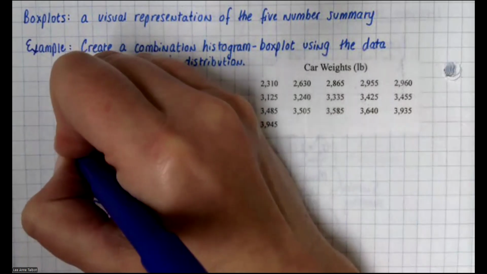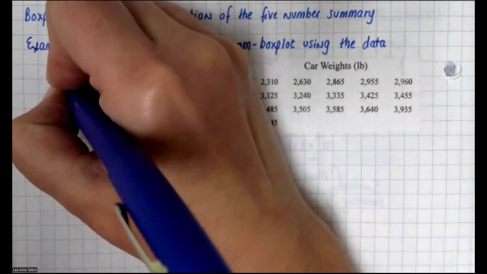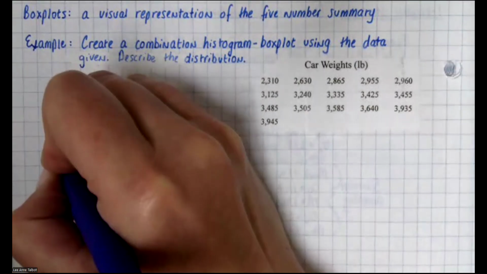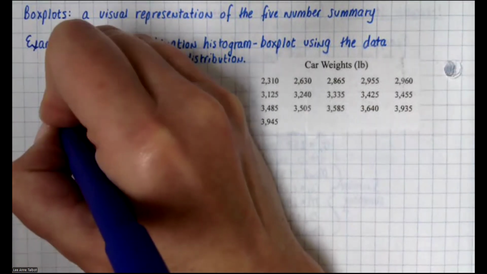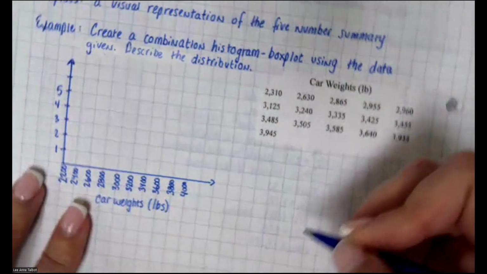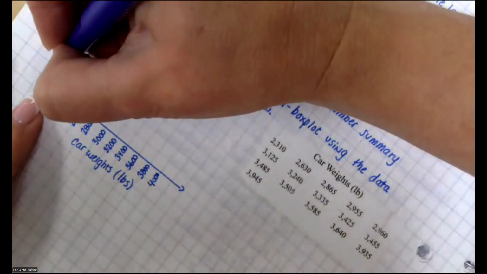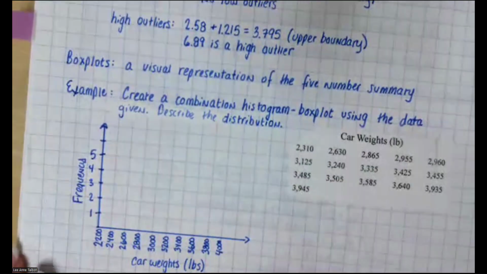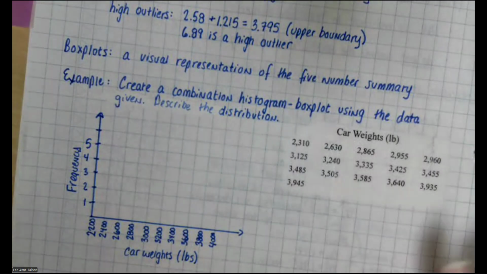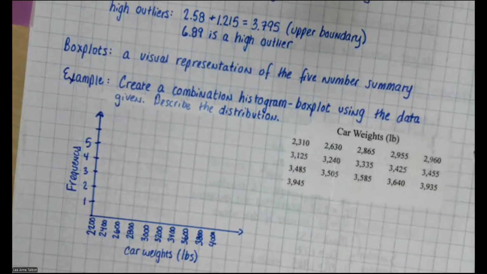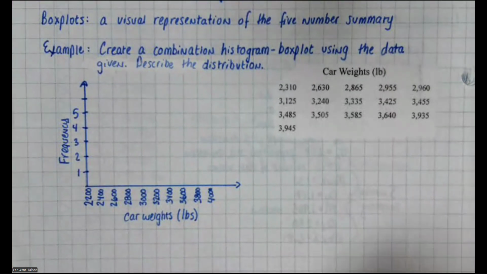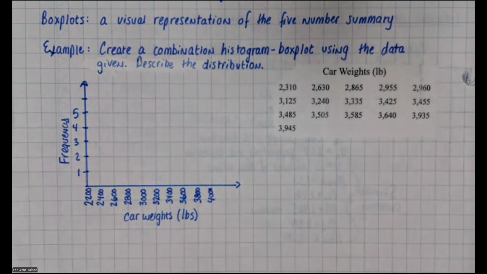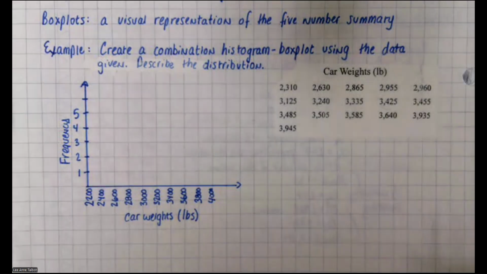And then on the y-axis, I'm going to go by ones as we do for histograms and write frequency. Okay, so there's my setup. And this says create a combination histogram box plot. So I'm going to start with the histogram. I'm just going to do that part by hand.